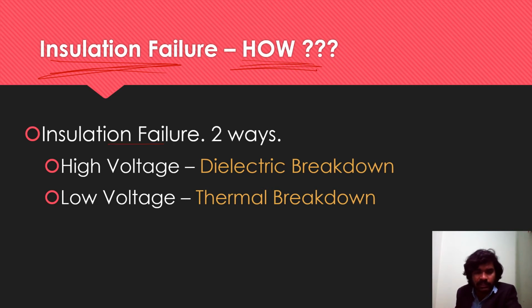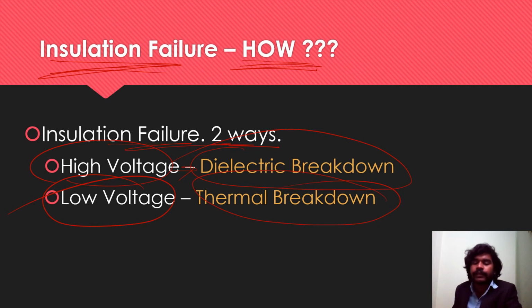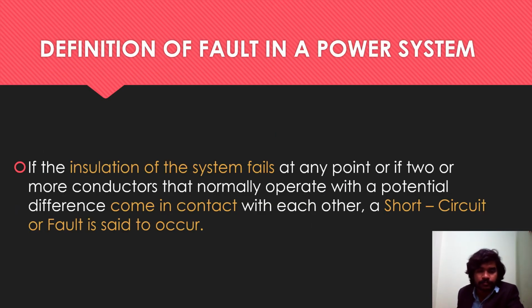We have already seen insulation failure happens in two ways. One is the high voltage way, the other is the low voltage way. When it takes place at high voltage, you call it a dielectric breakdown. Under low voltage, due to excessive heat generated, it is called thermal breakdown. Please remember these points, very important for your competitive exams, especially if preparing for the IES exam or SSC exam.